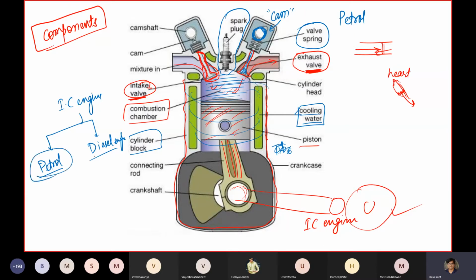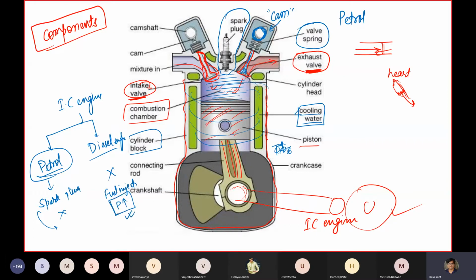The main difference between petrol and diesel engines is that the petrol engine uses a spark plug, and the diesel engine uses a fuel injector instead. In the petrol engine the combustion happens because of the spark plug, and here combustion happens because of the high pressure in the process.